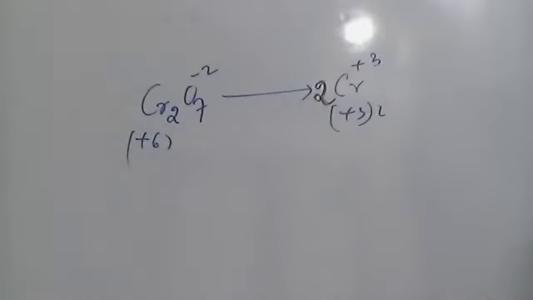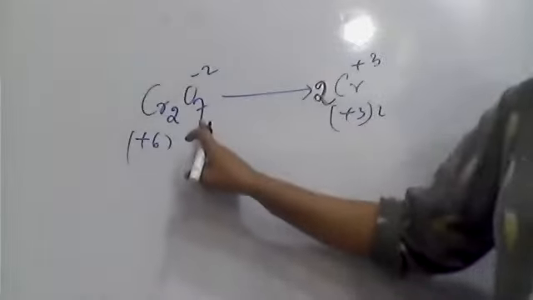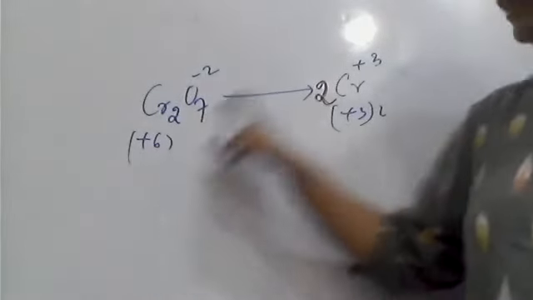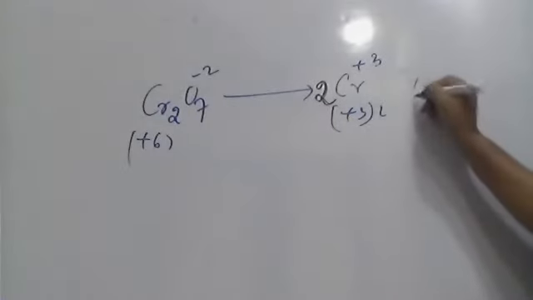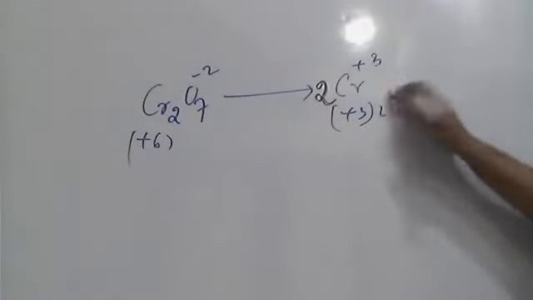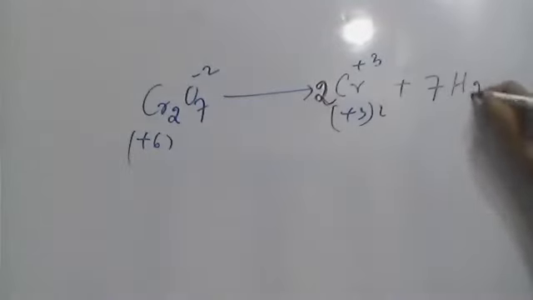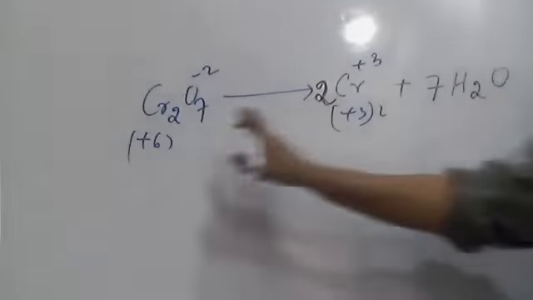Okay, see here. Now balance the oxygens. How many oxygens at left side? Left side 7. This side no oxygens. As you're balancing the reaction in acidic medium, to balance oxygens add 7H2O. 7 oxygens.